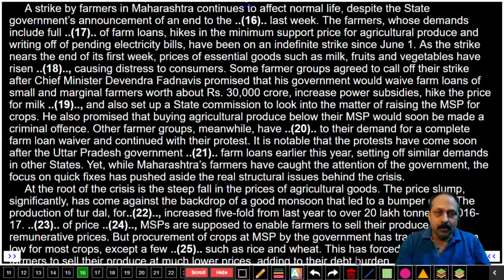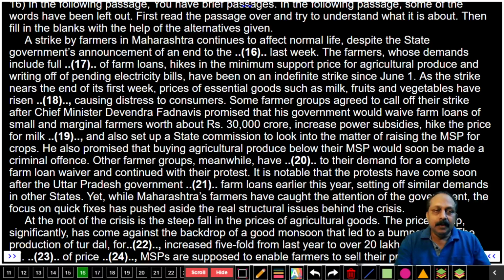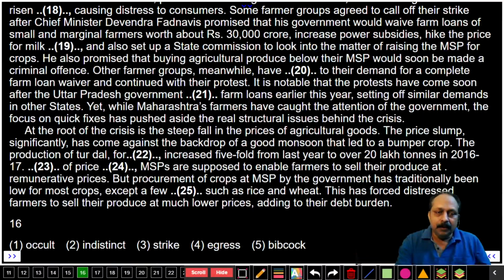Again, difficult to show. Close test. A strike by farmers in Maharashtra continues to affect normal life, despite the state government's announcement of an end to the something. Occult goes with religion. Occult goes with black magic.